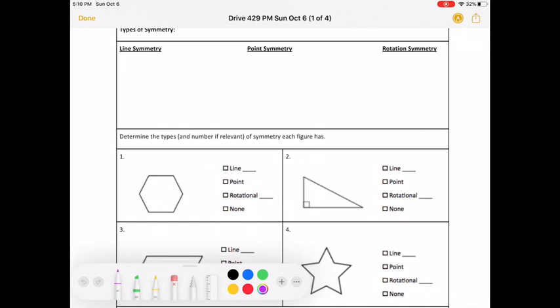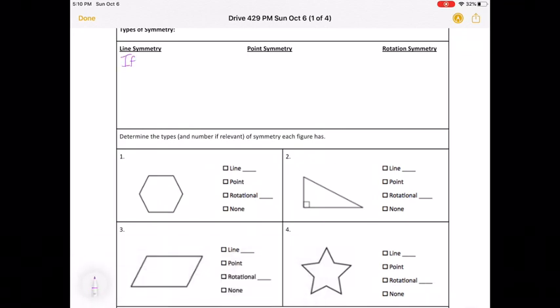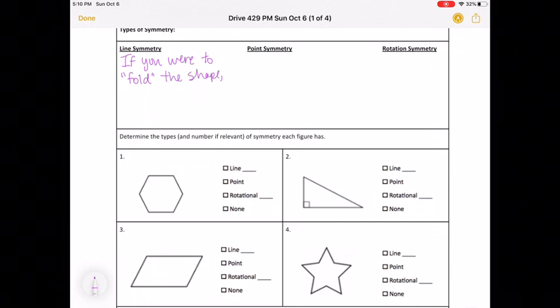So I'm going to say if you were to fold the shape, so think like fold, it would match up to itself.